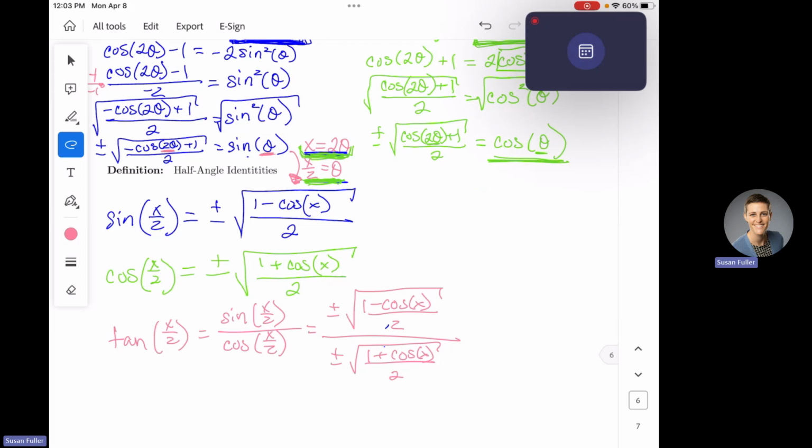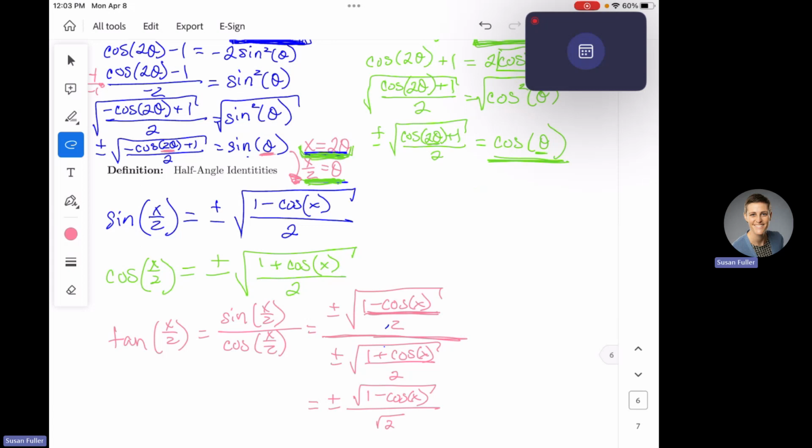And again, we're just going to keep change flip. And since this is division in here, I can put the square root with the top and the bottom. So when I keep the top, it's going to be the square root of 1 minus cosine of x over the square root of 2.